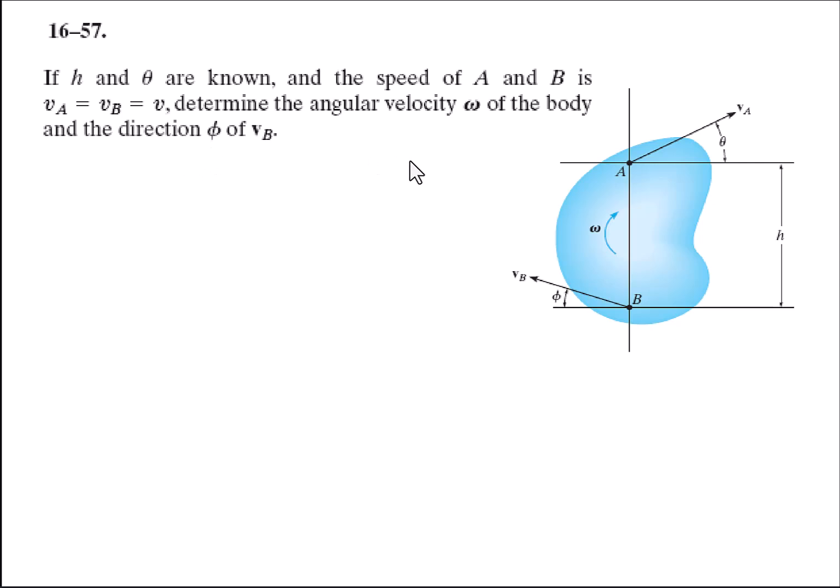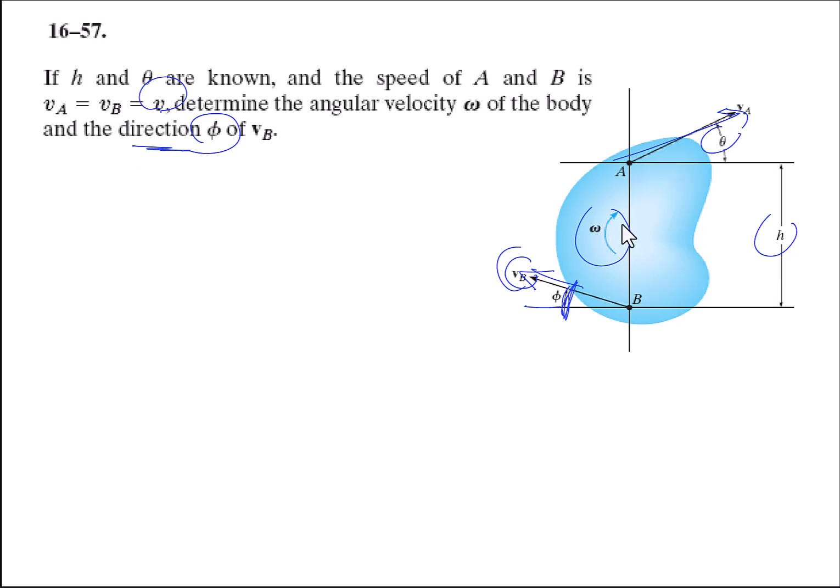So you have h and phi or theta known, and the speed of A and B are V. We want to determine the angular velocity of the body and the direction phi of VB. So basically we have these magnitudes and the speed, but we want the direction of this.